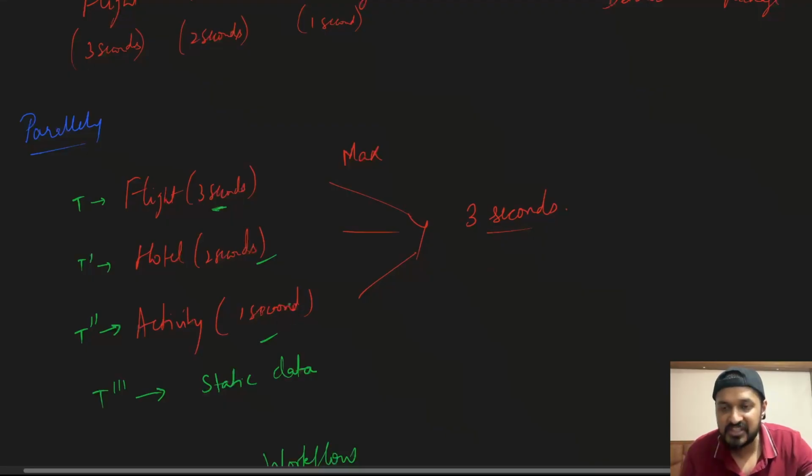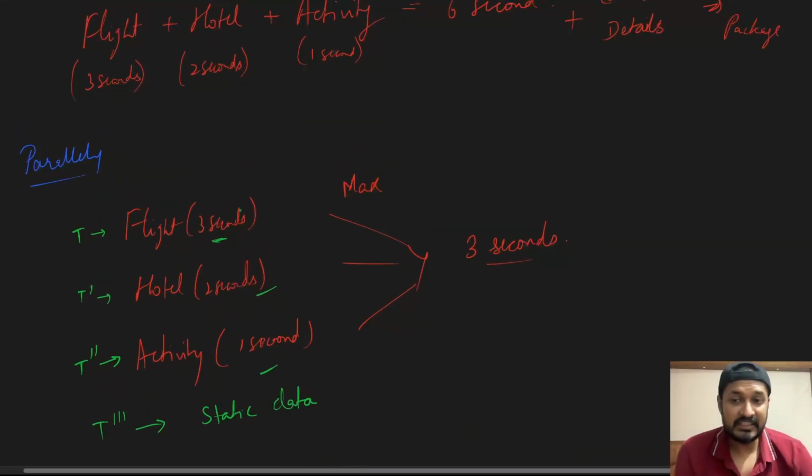Therefore, the fetching of the response of these 3 services after performing the static data calculation needs to be a blocking operation. So you hit these 3 services in parallel, but when you actually start parsing the response that we have received from these 3 services, that needs to be a blocking operation.